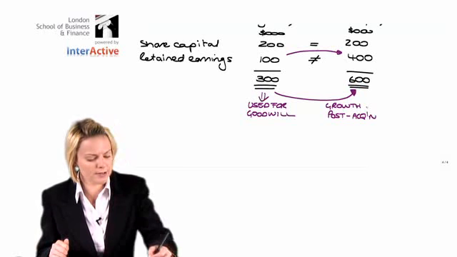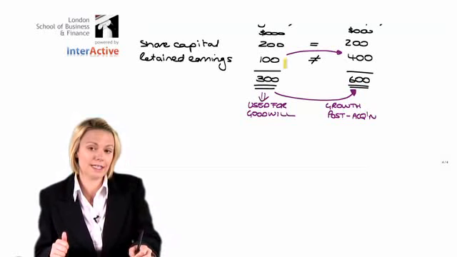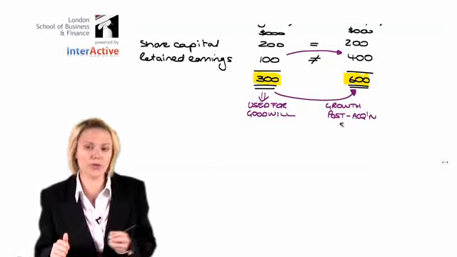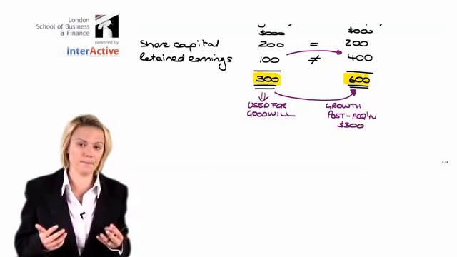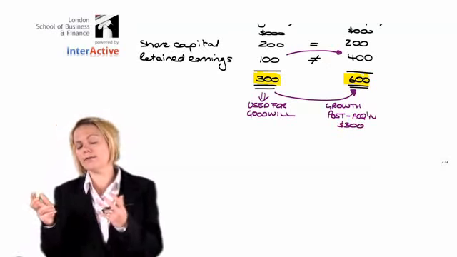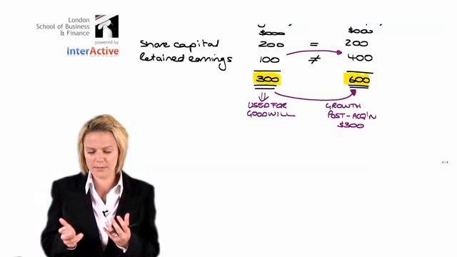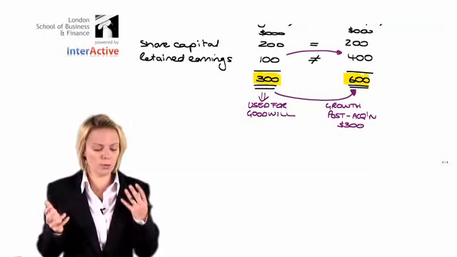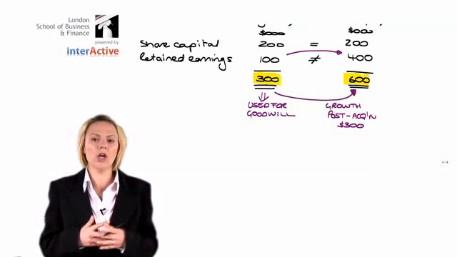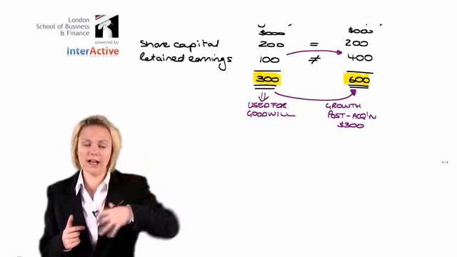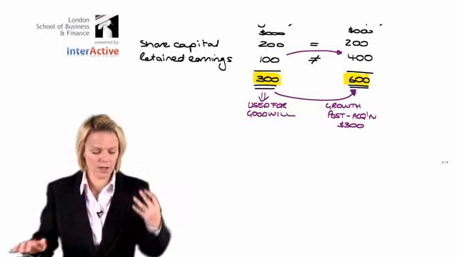Can we see then that the difference between the 300 and the 600 is that $300,000 growth post-acquisition? Okay, so the subsidiary has grown in value after we acquired 75% of them. Now, as such, the parent company would want their share of that growth because we would have had a hand in helping them generate that growth in profits.